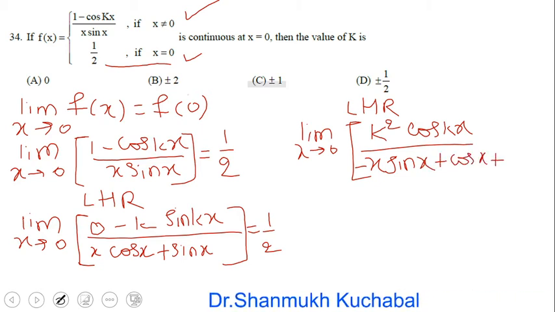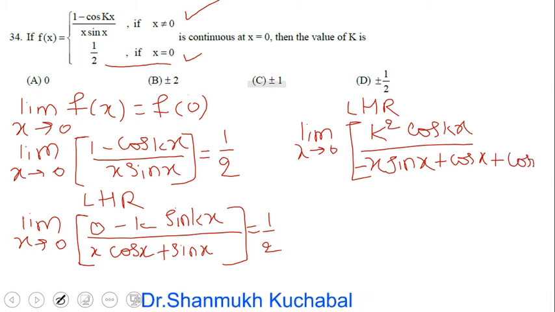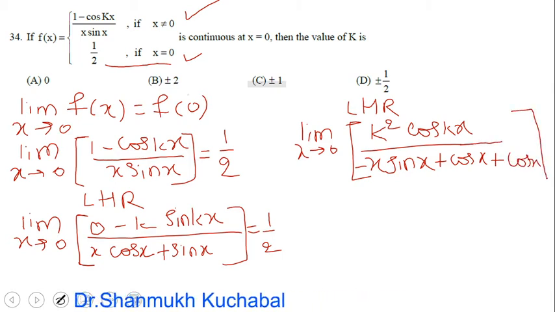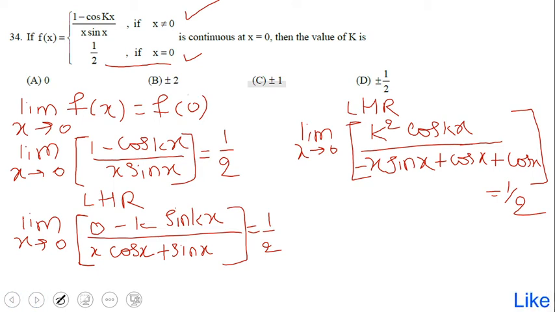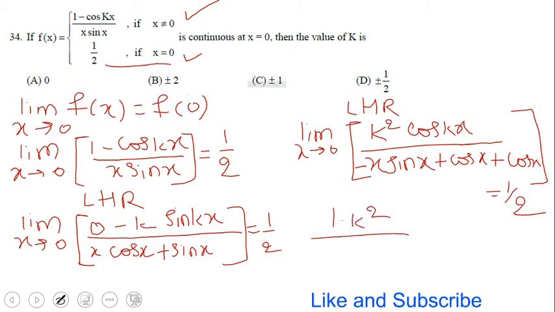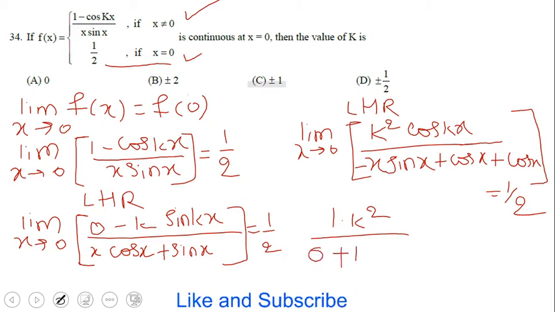Sin x differentiation will be cos x, and this is equal to 1 by 2. Now wherever x is there, we have to replace it by 0, because now it is not in the indeterminate form. So we get 1 into k square divided by, cos 0 is 1, cos 0 is 1, equal to 1 by 2.